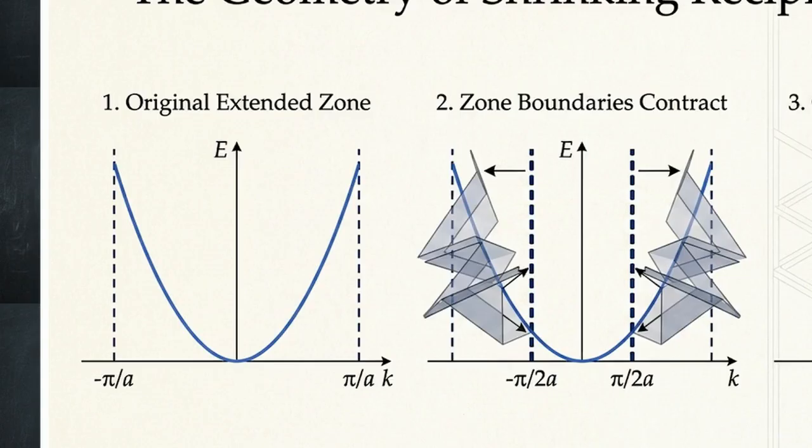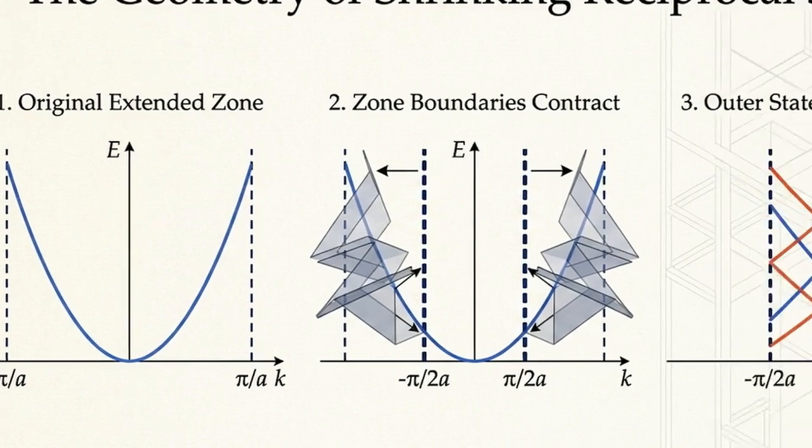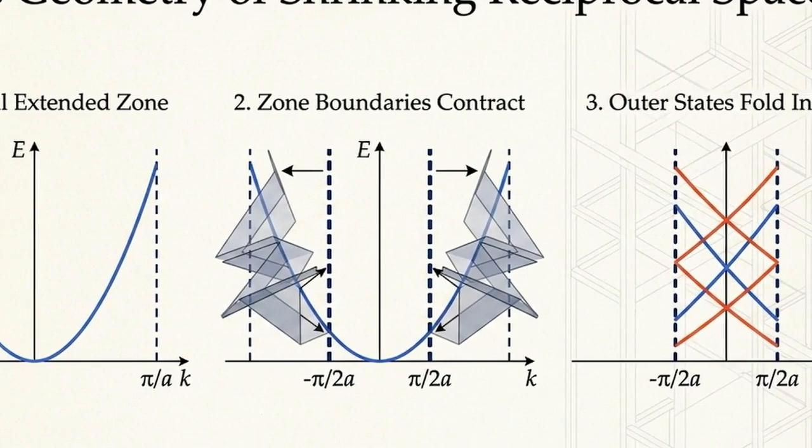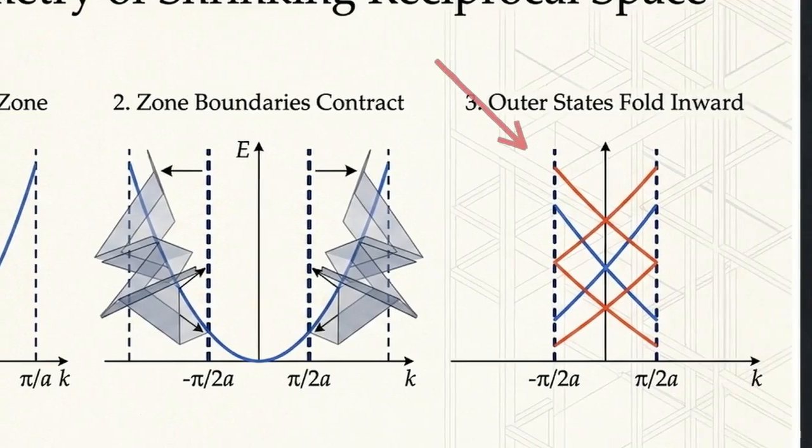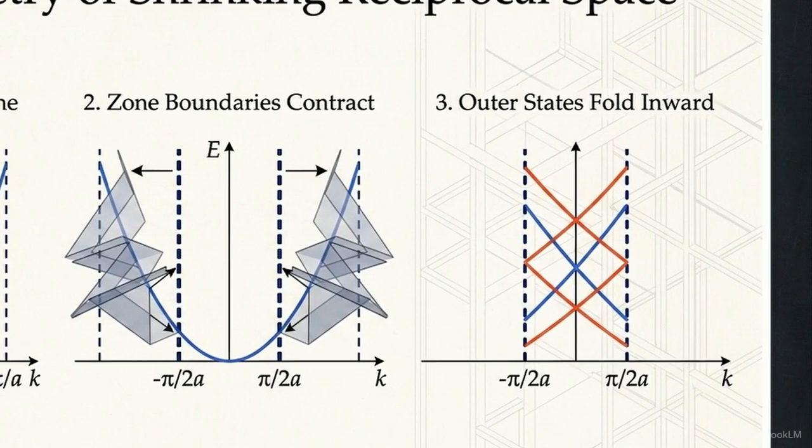We can observe this mechanical process by shrinking the Brillouin zone boundaries on a standard parabolic dispersion curve. States that suddenly fall outside the new, contracted boundaries are physically folded back inward. They reflect across the new limit, populating the smaller reciprocal zone.